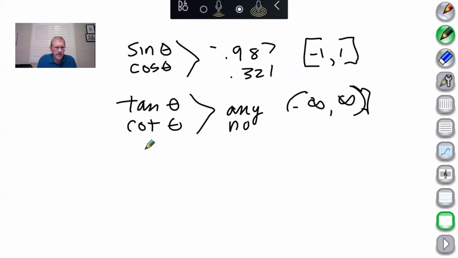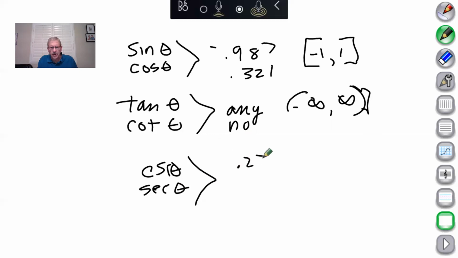And the reciprocals of these, the cosecant theta and the secant theta, those 2 are going to be large numbers. They can't be something as small as 0.23. It's going to be a number 1 or bigger, okay? They could possibly be negative, but they're going to be very large numbers.